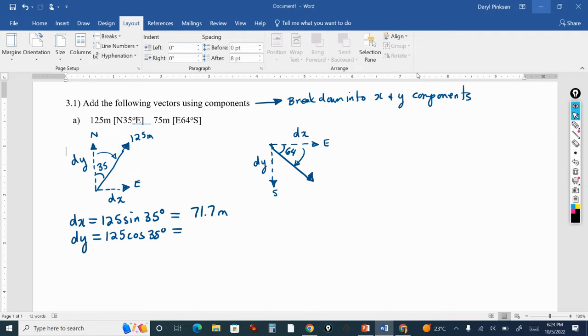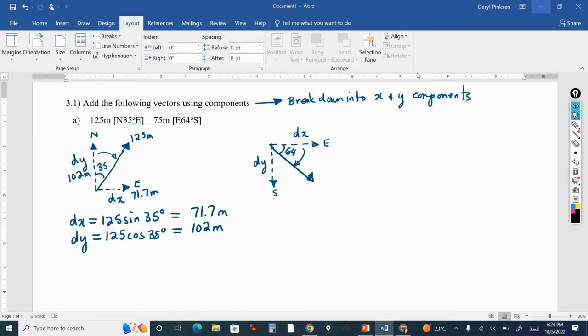And then the y component is going to be 125 cos 35, which is 102 meters. So we have 102 meters on this side, and we have 71.7 meters on this side. And that looks about right, the way that I've got it drawn. It looks like it conforms pretty well.